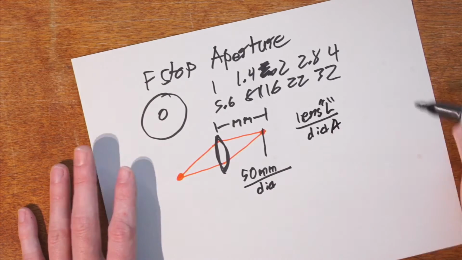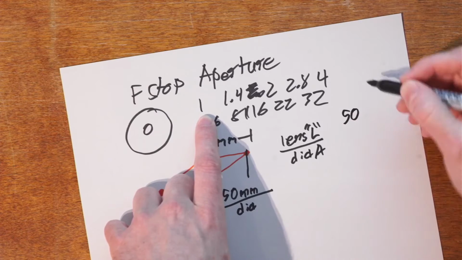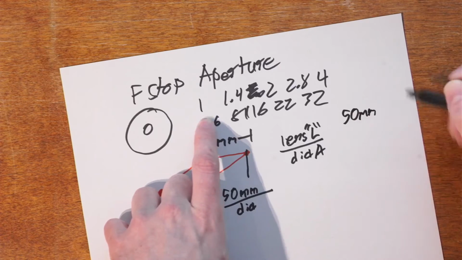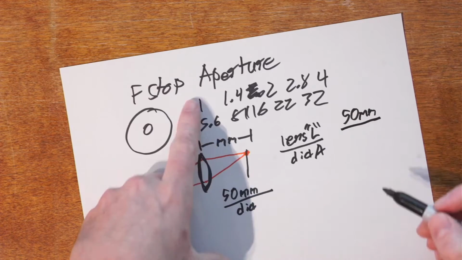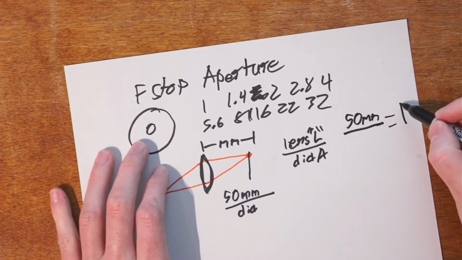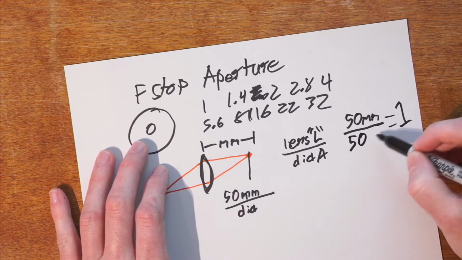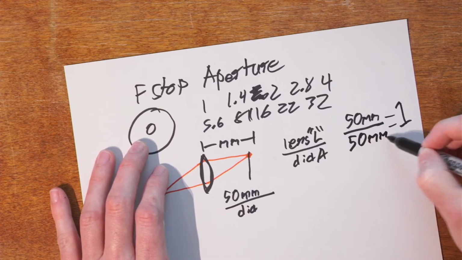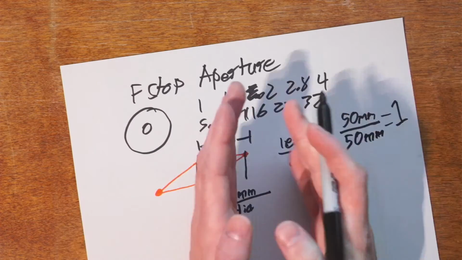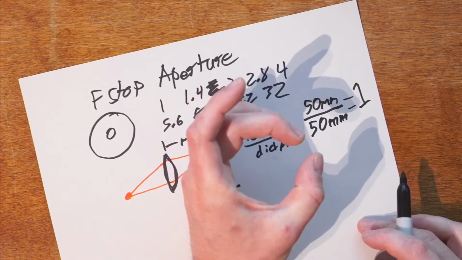So for an f1 lens, let's just use a 50 millimeter lens, if it equals f1, we know that this divisor has to be 50 millimeters.